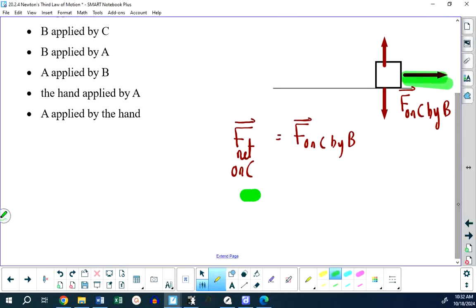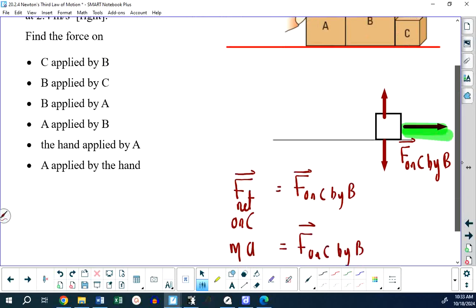Well, we can find that. We can just say that the net force will be equal to ma. We just need to take the mass of C and multiply by its acceleration, which we know is 2.4 meters per second squared. And we will get the force on C by B. And of course, it will be to the right, because C is accelerating to the right.